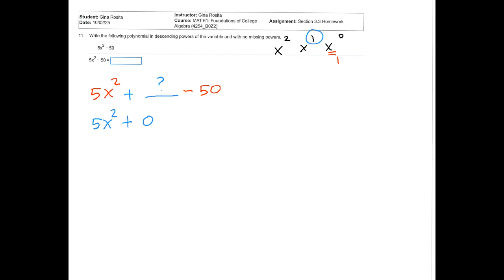So I can write down become 5x squared plus 0 times x minus 50. Okay. So now go to number 12. This is the last one.